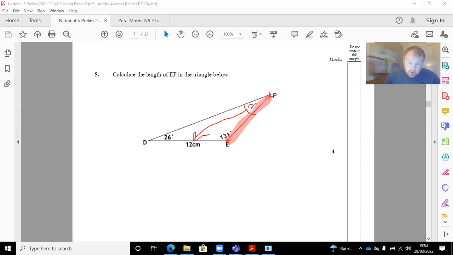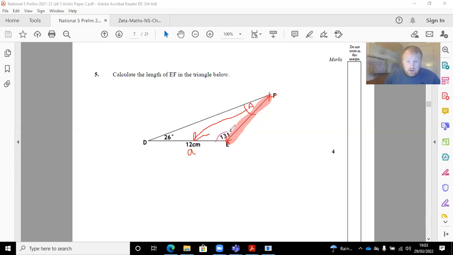So if that angle is A, that is angle A there, capital A, and that is side A. It's a matching pair.